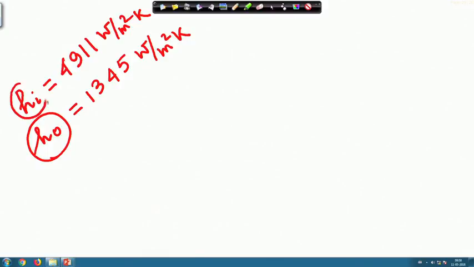So, based on this data, we would be able to calculate the overall heat transfer coefficient.